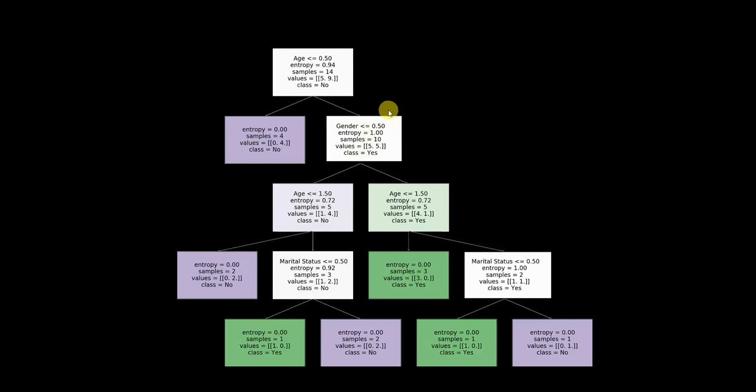In our case, we can say that the root node is the node that has the highest information gain value, and that is why it is split first. This is how the structure is slowly formed in a decision tree, so entropy and information gain play a vital role.